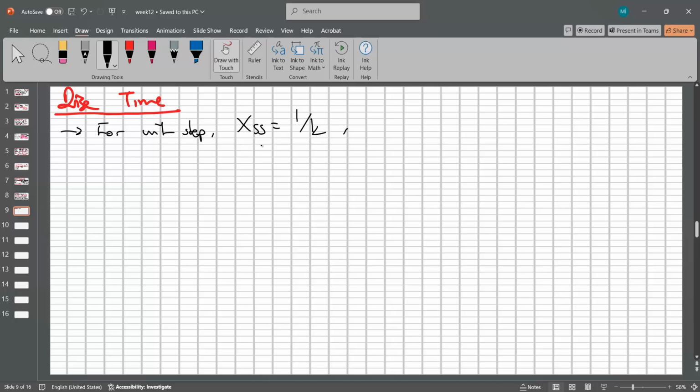So e to the minus zeta Wn t times sine of Wn square root of 1 minus zeta square times t plus phi must be equal to 0 at the rise time, right?